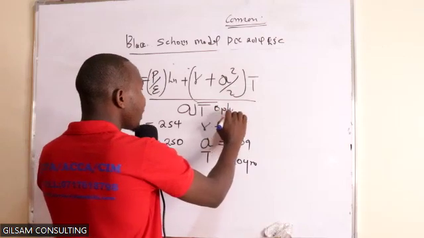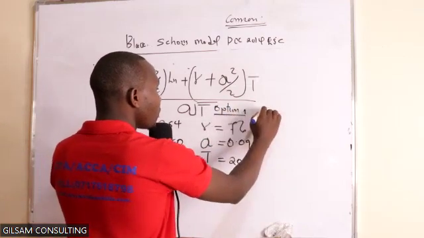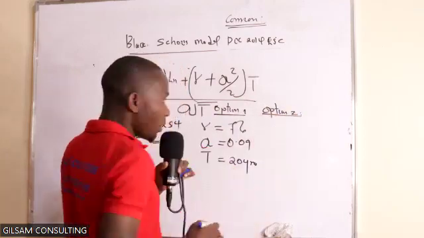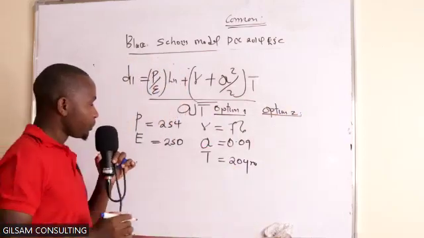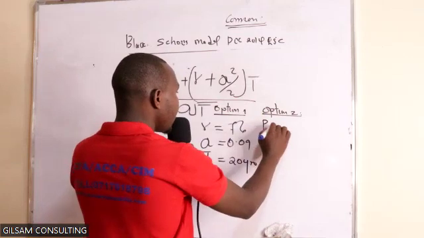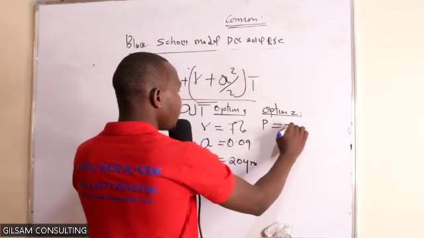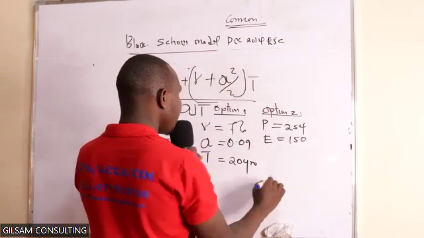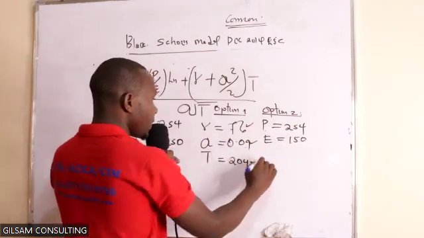This is option 1. Go to option 2. Your P is 254, your exercise price 150. These will remain the same.